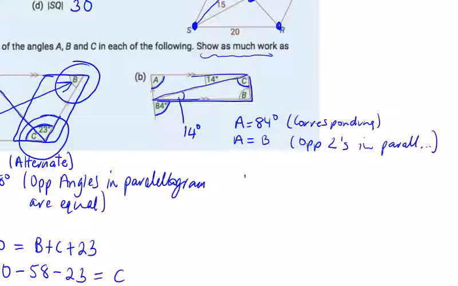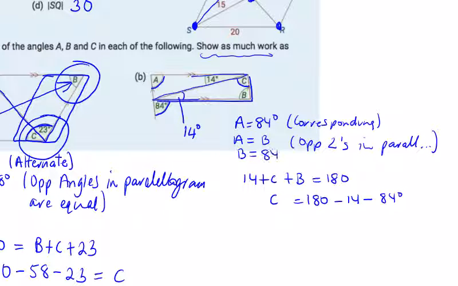So the 14 has helped us. 14 plus C plus B is a triangle, so it equals 180. So we're looking for C, so C is equal to 180, take away my 14 and take away B, which we got to be 84. We didn't write down B equals 84, so just write that down. So C is equal to 180, take away 98. That's going to give 82 degrees for C.